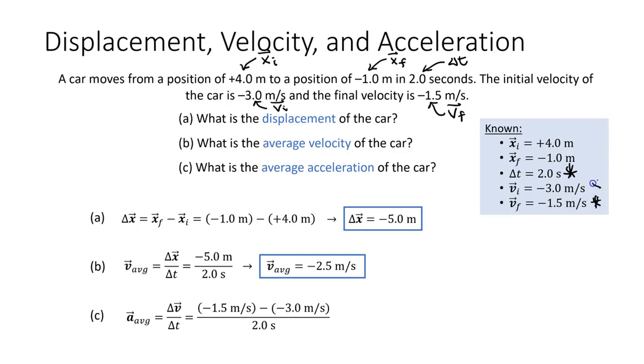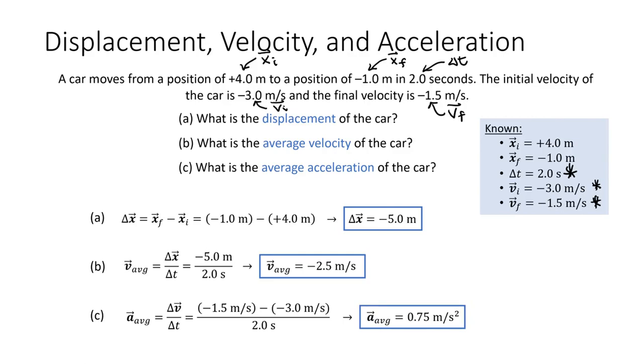So that was my initial. Again, we have to include all of our signs here. 2 minus signs in a row, those cancel and give me a plus sign. So -1.5 plus 3 gives me 1.5, and then I have to divide by 2. So I got 0.75 meters per second squared, and that's positive. So the acceleration is in the positive x direction.